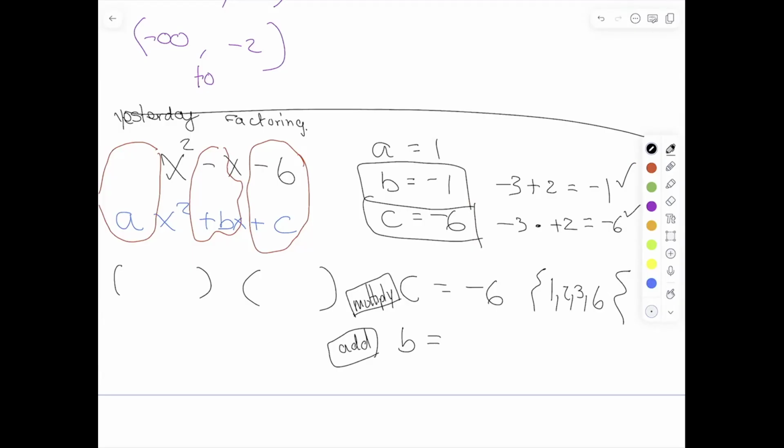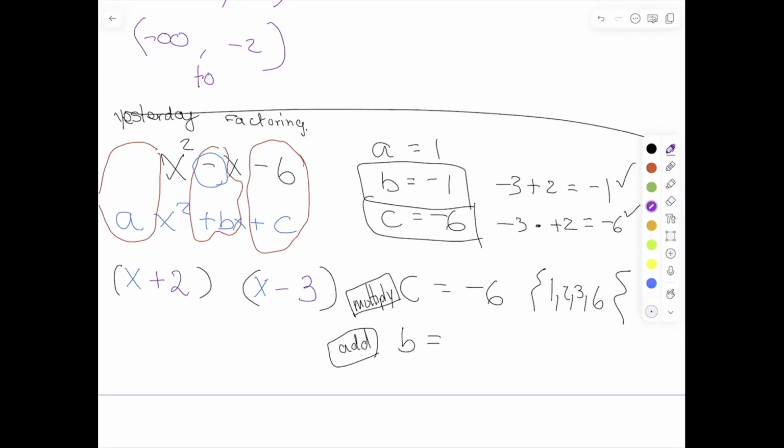Good. How many x's do I have? 2. What is the middle value? Is it positive or negative for B? Negative. So that means one is positive, the other one is negative. I know the one that is negative is going to be 3 because we already did the math, and the other one is 2.